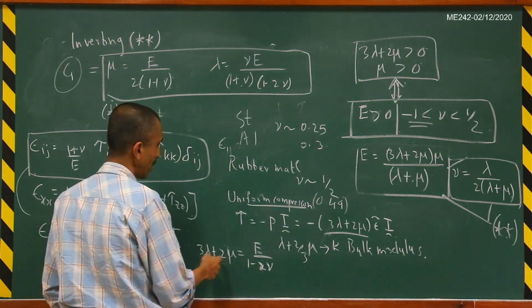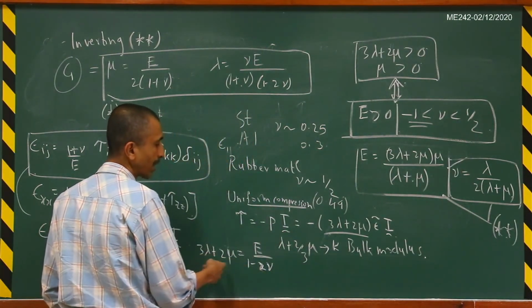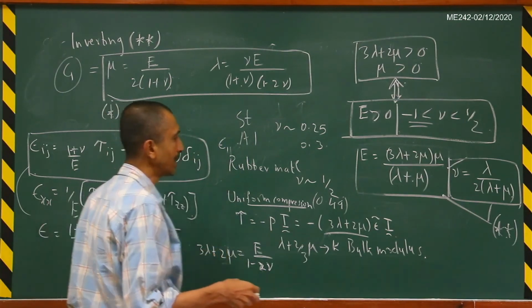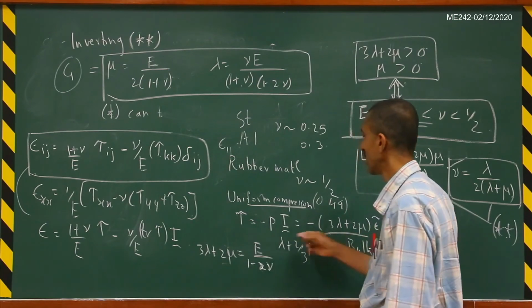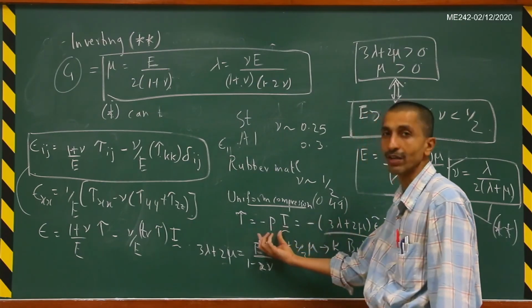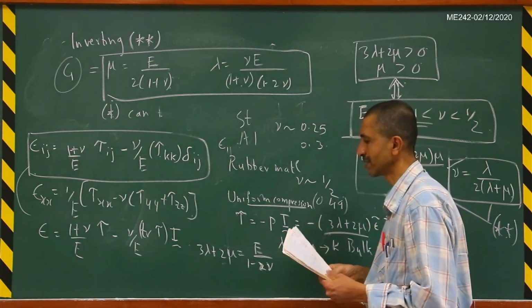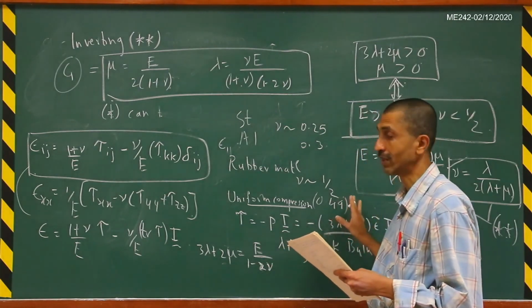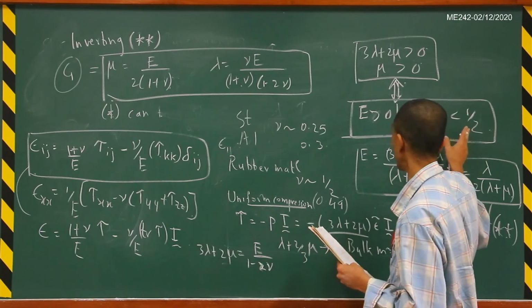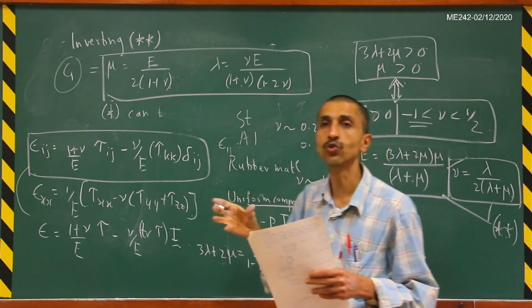So this 3 lambda plus 2 mu becomes infinity. What that says is that your epsilon tilde becomes 0 because you are dividing by infinity here. So if you have a perfectly incompressible material, which is nu equal to 0.5, then there is no change in the volume.